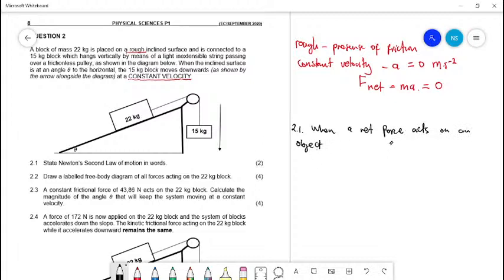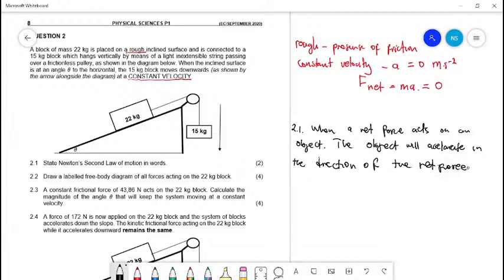So when a net force acts on an object, the object will accelerate in the direction of the net force, right?